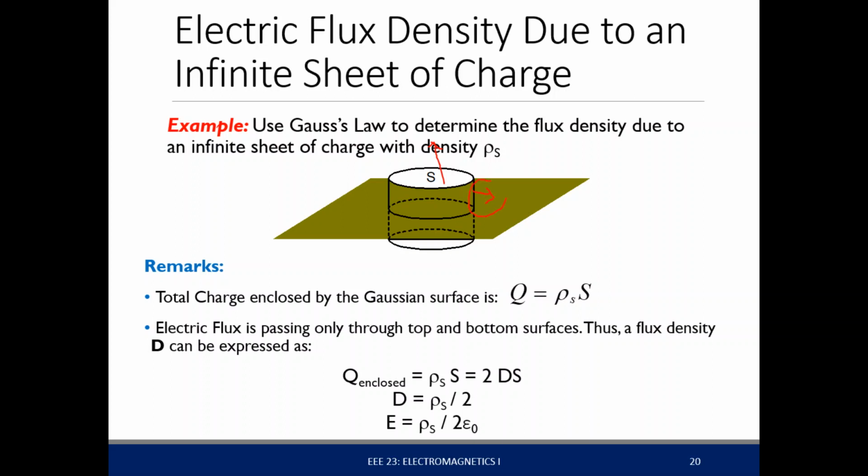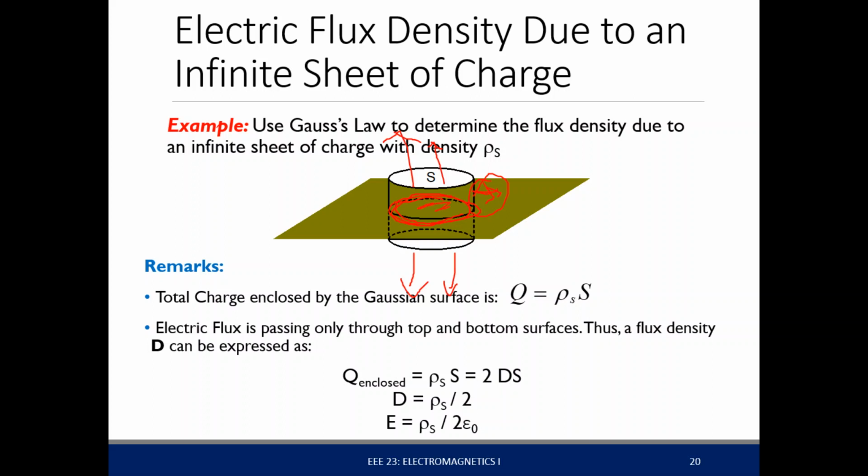So there's no electric field component here, therefore the flux density is equal to 0 in this direction. Therefore, the flux density is going out here and here. Right? So the total charge enclosed by the surface is equal to this.